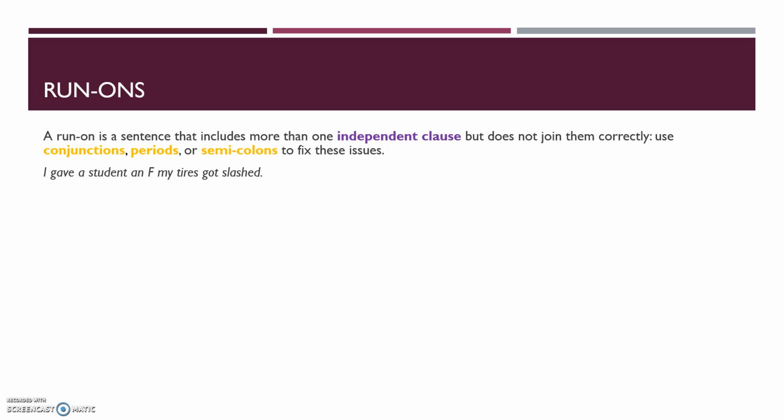Not actually a true story, but I had a teacher tell me this once. So what you have here is you really actually have two complete ideas. I gave a student an F, there's a subject I, there's a verb gave, and the second one, my tires got slashed. Tires is the subject, got slashed is the verb. So we actually have two independent clauses, but they're not actually connected properly.